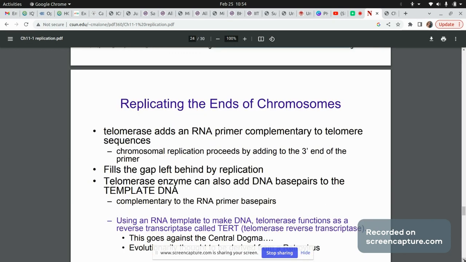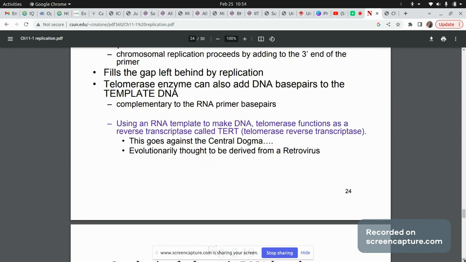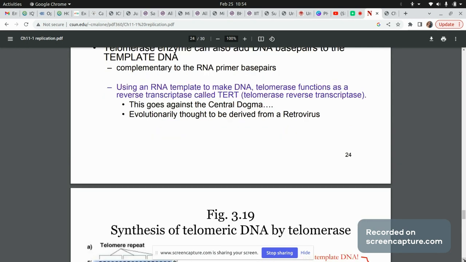At the end of the chromosome, telomerase adds an RNA primer complementary to the telomere sequence. Chromosomal replication proceeds by adding to the 3' end of the primer and fills the gap left behind by replication. The telomerase enzyme can also add DNA base pairs to the template DNA, complementary to the DNA primer, using an RNA template to make DNA.